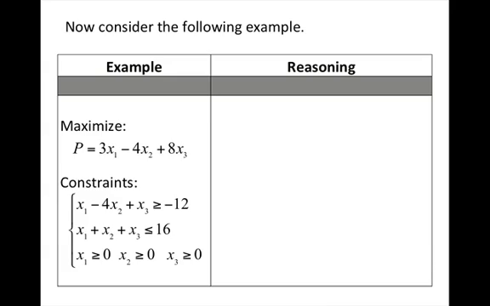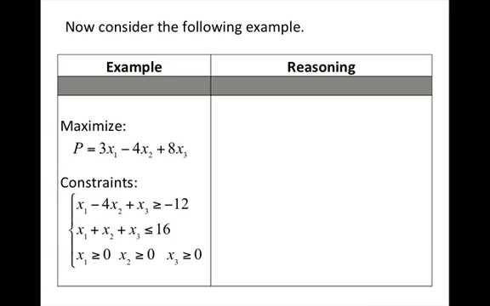I want to maximize p equals 3x sub 1 minus 4x sub 2 plus 8x sub 3. And my constraints are x sub 1 minus 4x sub 2 plus x sub 3 is greater than or equal to negative 12. x sub 1 plus x sub 2 plus x sub 3 is less than or equal to 16.